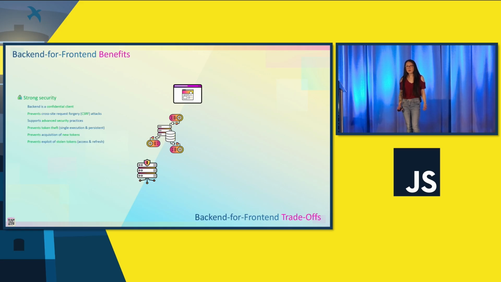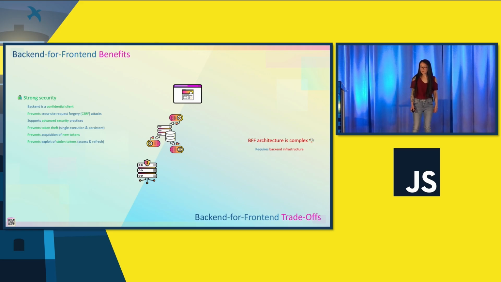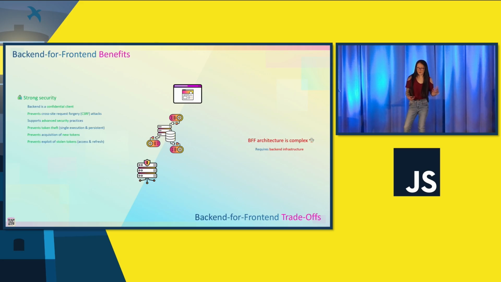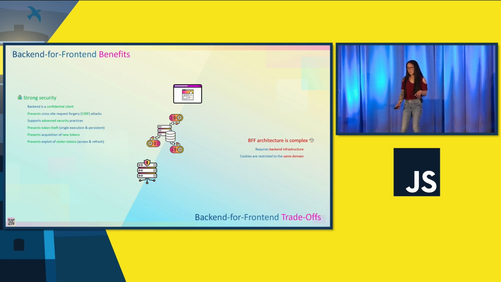Now, the biggest trade-off to using backend for front end for auth is that the architecture is complex. It requires backend infrastructure, whether that's your server with a backend that can execute code and a data store, or serverless cloud functions, or some kind of a hybrid approach. And as you saw with the external API example, cookies only work on one domain, so cross-domain requests need to be proxied.